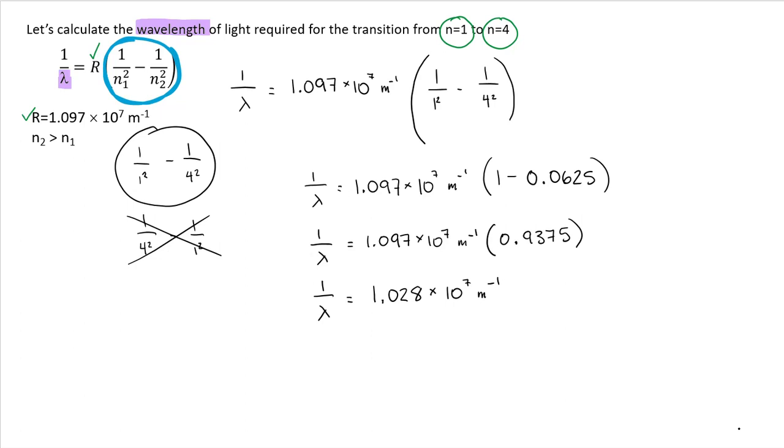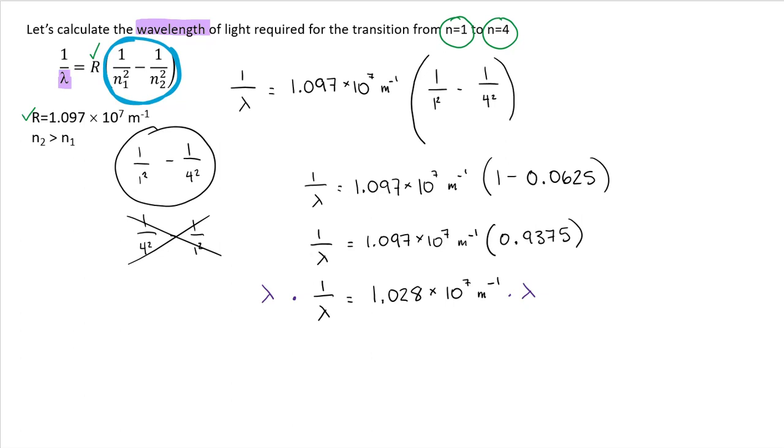But if that makes no sense to you, we have to get that out of the denominator. We can't leave wavelength in the denominator to solve this. So to get it out of the denominator, I'm going to multiply both sides by the wavelength.